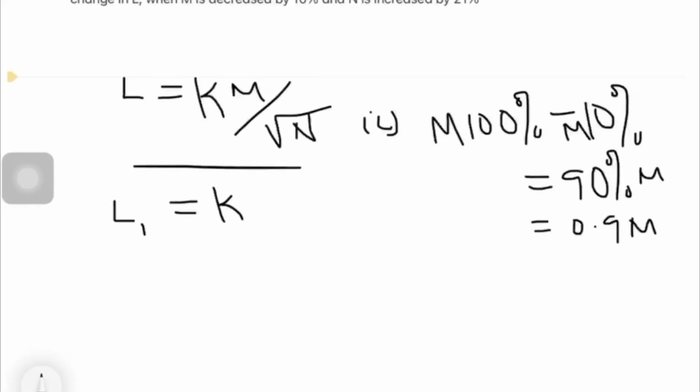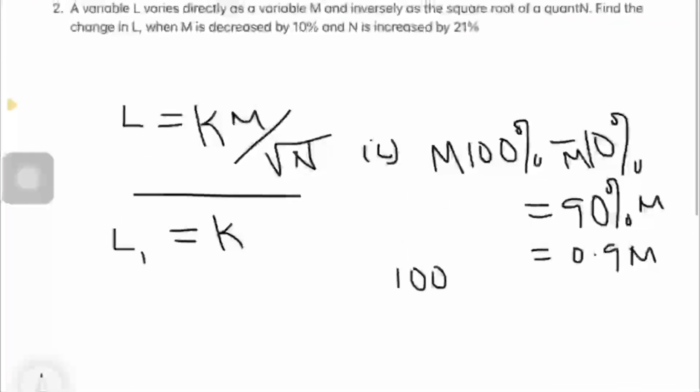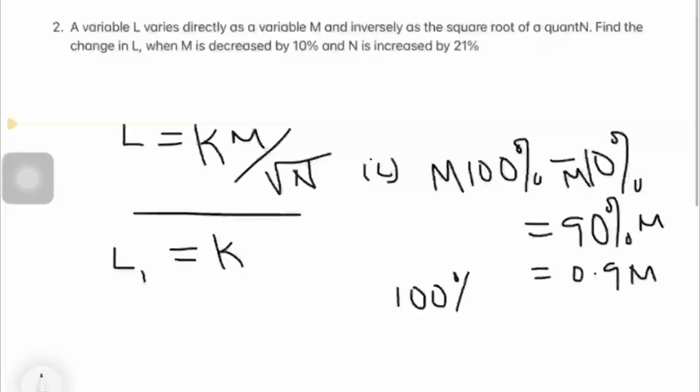And the same case to N. N increased by 21%. So initially we had 100% N. We have to add, it's an increase.